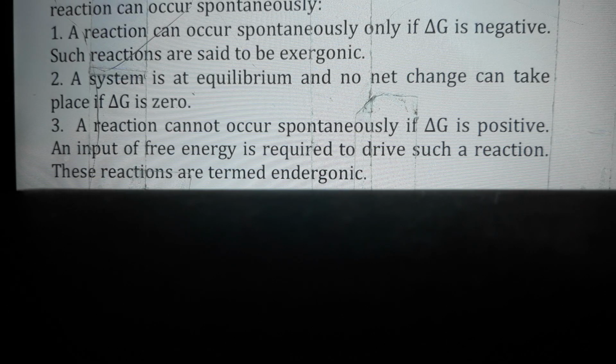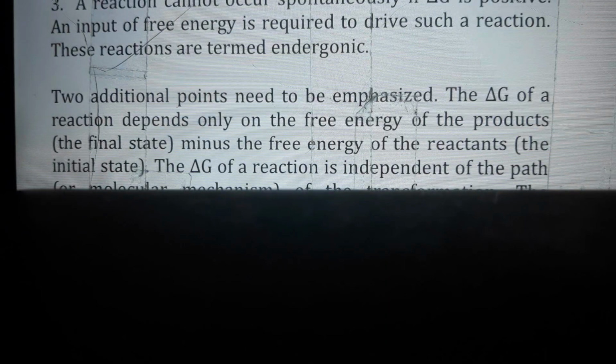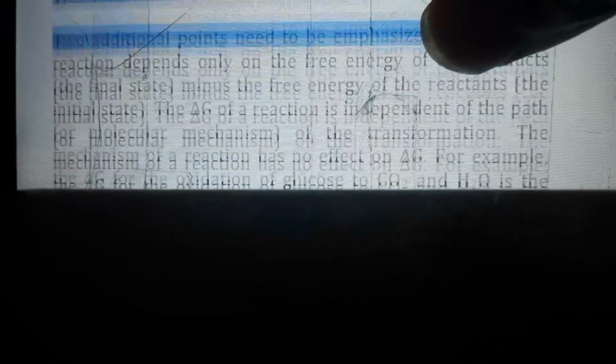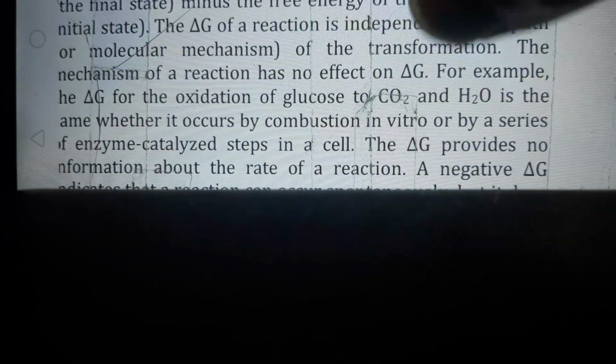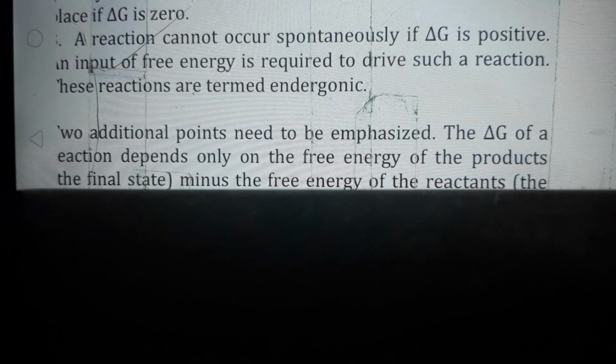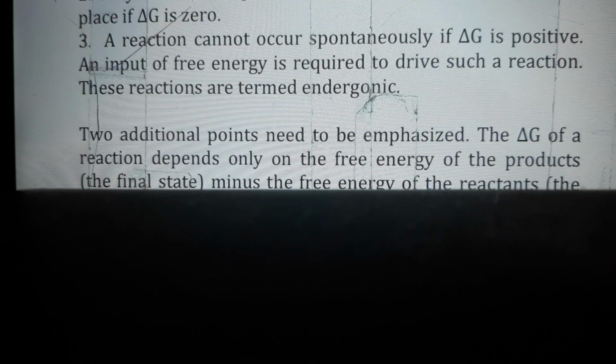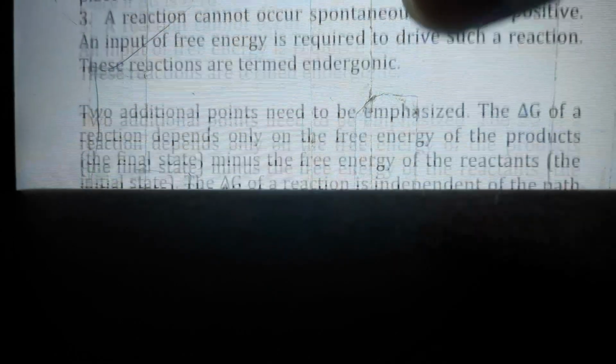A system is at equilibrium and no net change can take place if delta G is zero. A reaction cannot occur spontaneously if delta G is positive. An input of free energy is required to drive such a reaction. These reactions are termed endergonic.